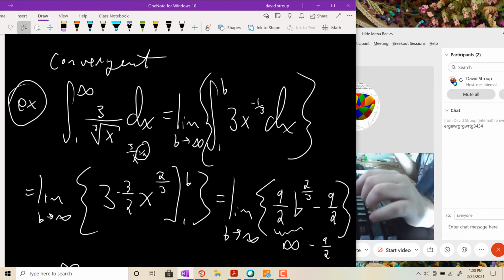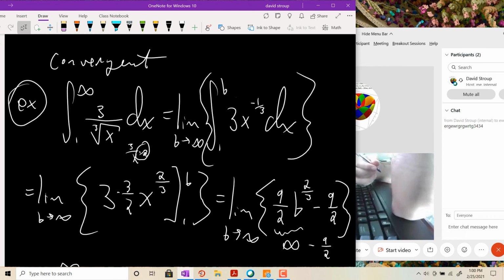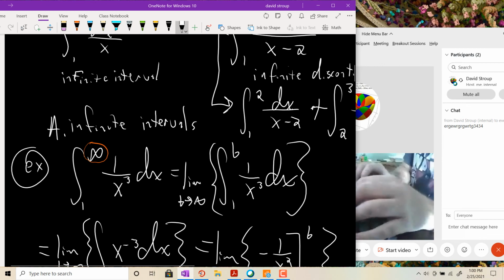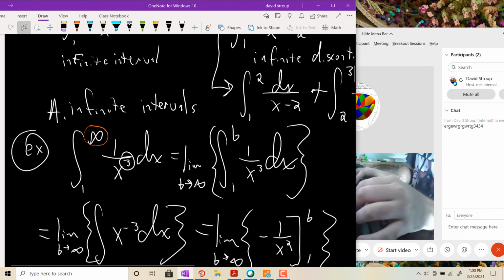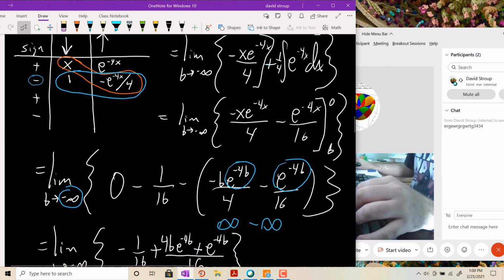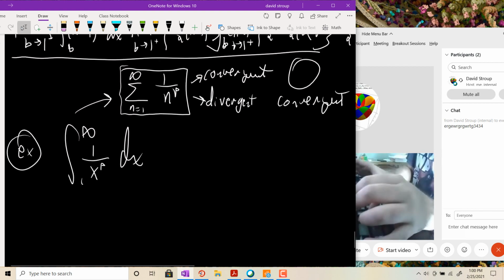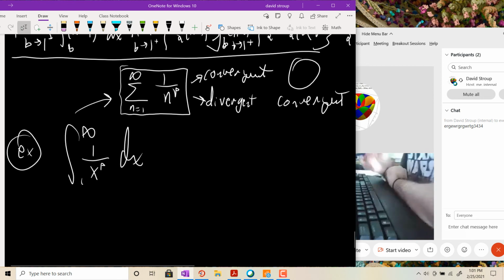The exponent tells you if it converges or diverges. If that value is between 0 and 1, it's divergent, and we saw that was divergent. If it's greater than 1, like it was here, it's convergent. So we ended up with convergent. You can play that game with these, and that's what we want to investigate right here.